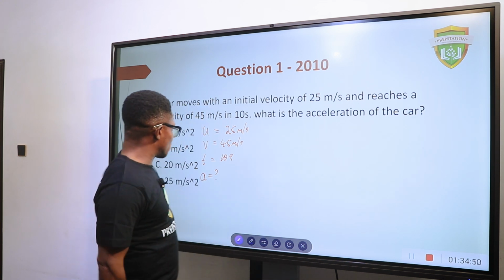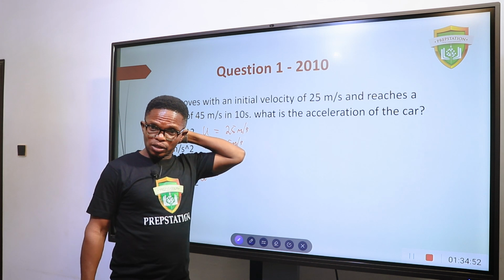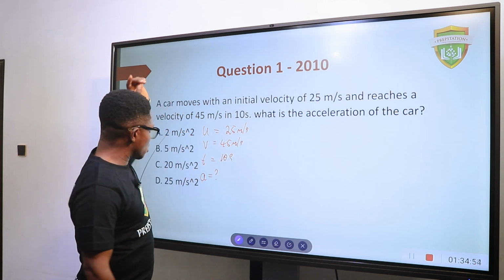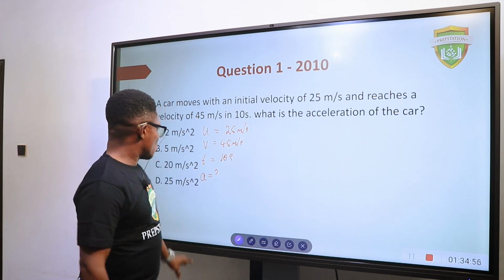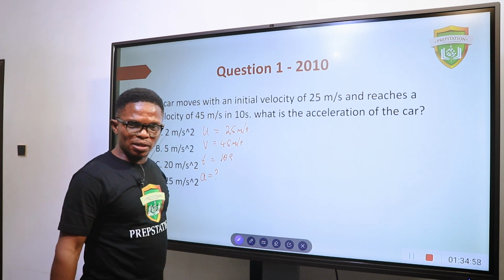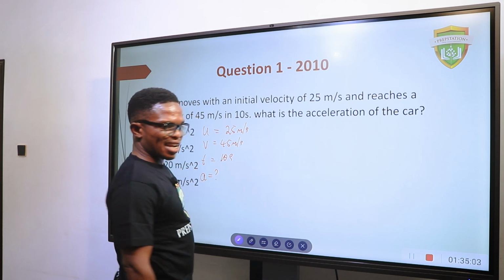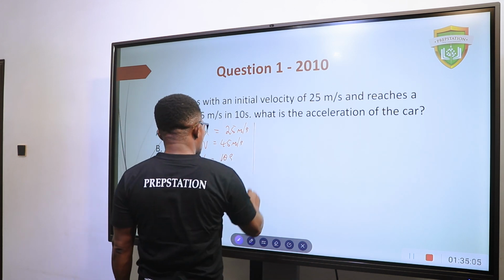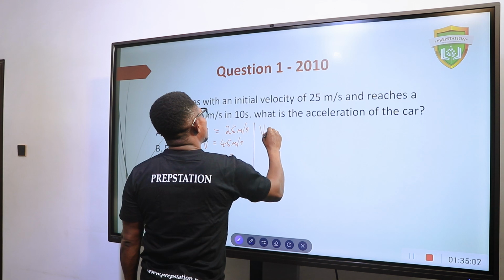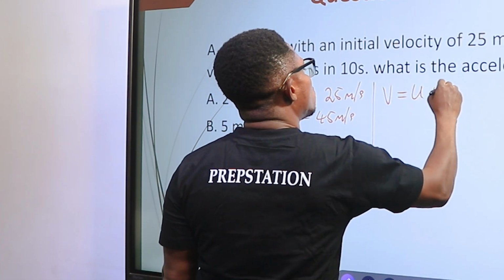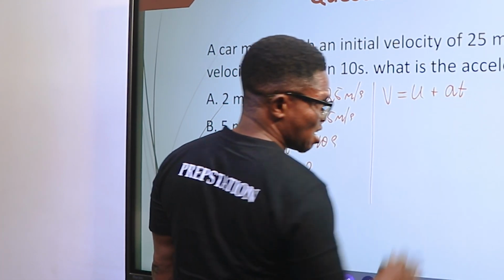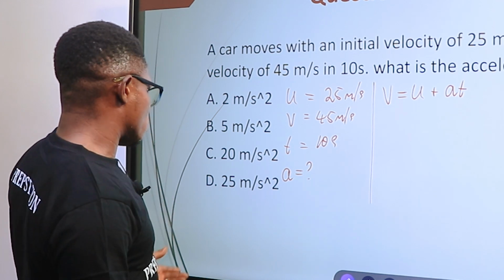Which of the equations of motion will handle this problem? For me, as a physicist, I can use any of the equations, but I will always advise my students to go for the equation that consists of the parameters in the given question. So equation number 1 can handle this. How do I know? Because equation number 1 simply says V is equal to U plus AT. This is the first equation of motion. So look at it.